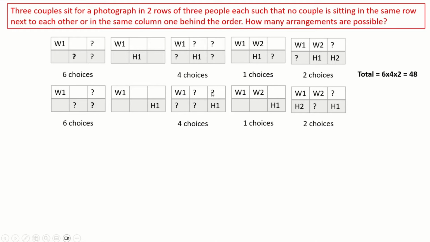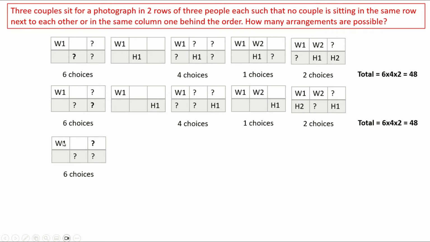If the wife is sitting here, then the only choice is this one. So all the way, it is always one choice only for the second couple. 4 into 1 is the only option. This is also again 6 into 4 into 2, which is 48.